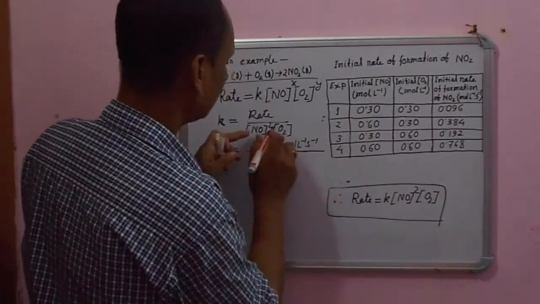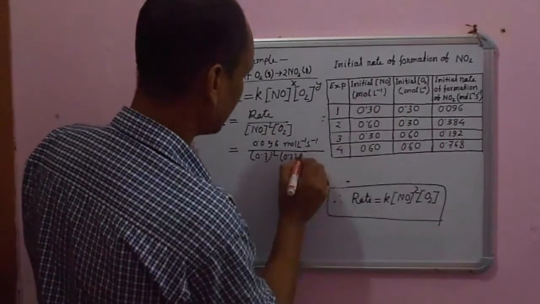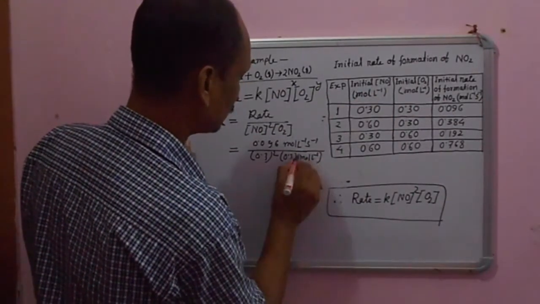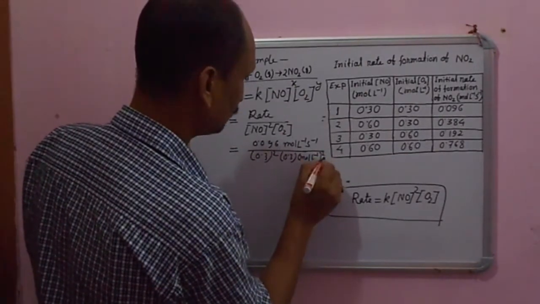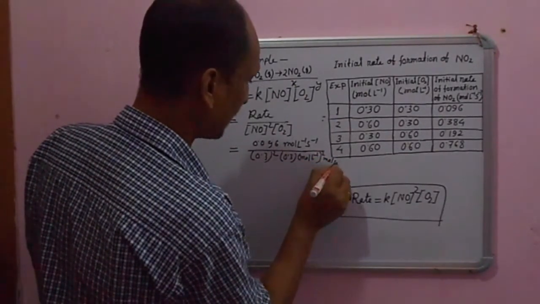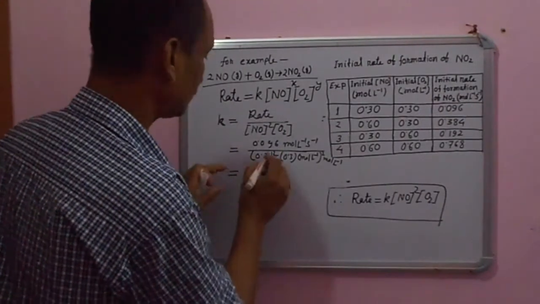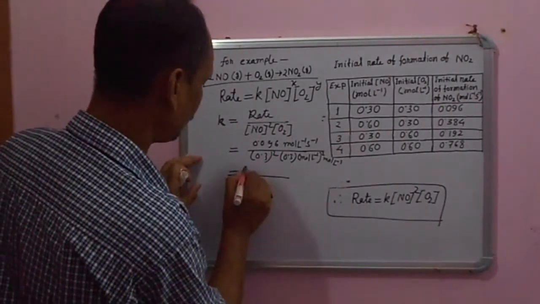So here the unit is mole per liter, so mole per liter squared into mole per liter.